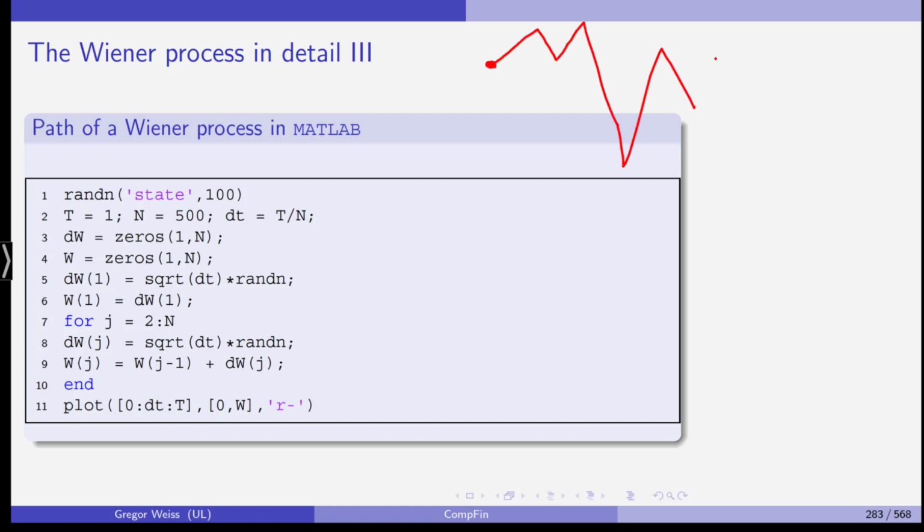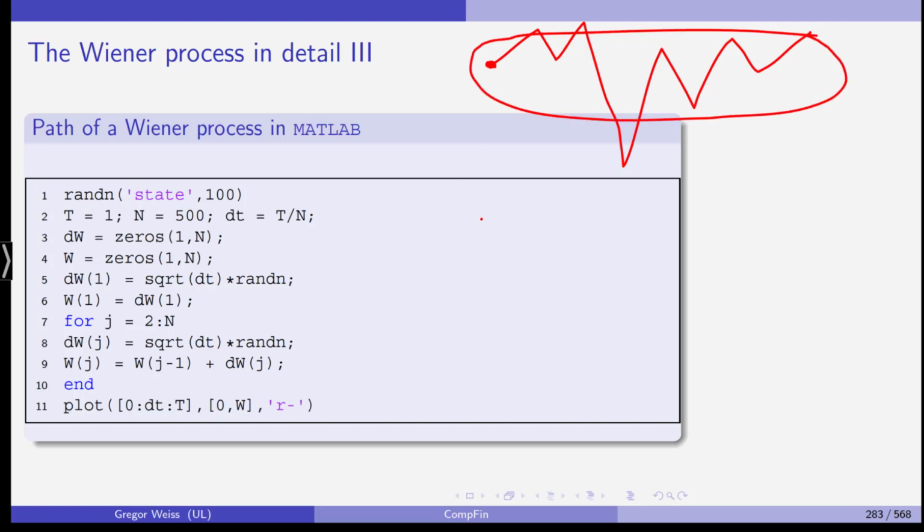If you only look at these numbers, they will appear to be random. However, you can repeat this and you will get the same random numbers. So they are only pseudo-random. So we have to reset our pseudo-random number generator in order to replicate our results. And this is what we do in the first line.